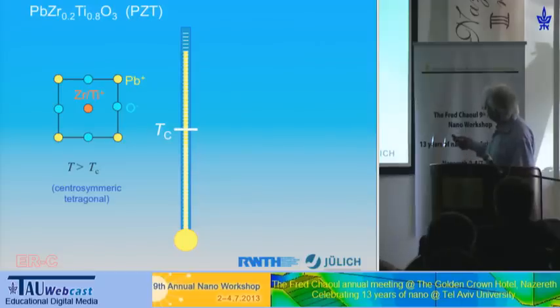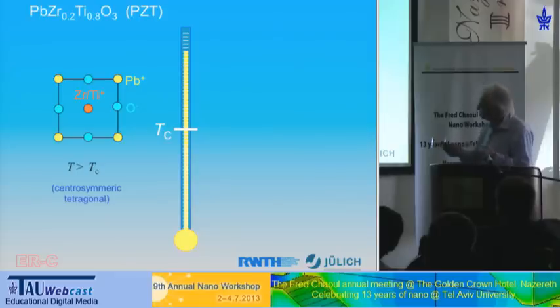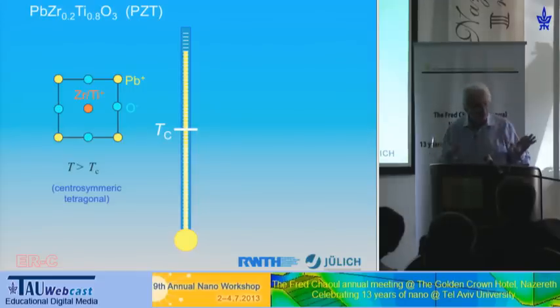We go to a very high temperature, and then the lattice of PZT is highly symmetric. It's centrosymmetric. That means the center of the cation charges and of the negative oxygen charges just coincide. There is no dipole moment on the unit cell level under these conditions.